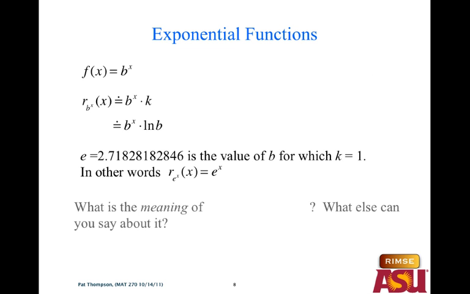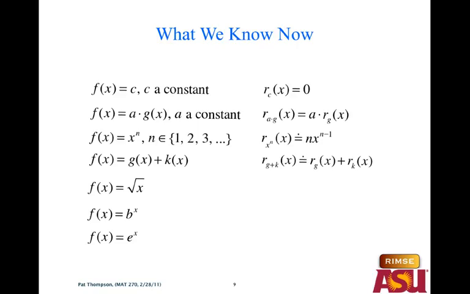Okay. So let's summarize. We've got all these now. We've got a constant function. We've got a constant times a function. We have the power rule. But we've seen that the power rule is hiding.